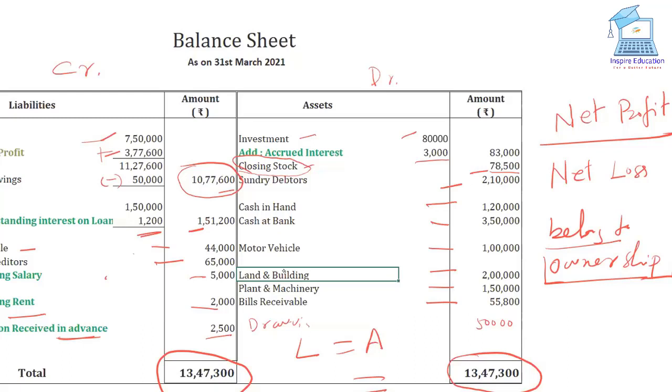So capital is the thing which represents the owner's claim. In case of profit, we add the profit to the capital. The profit increases the owner's claim in the business, because this is the owner's claim in the business.